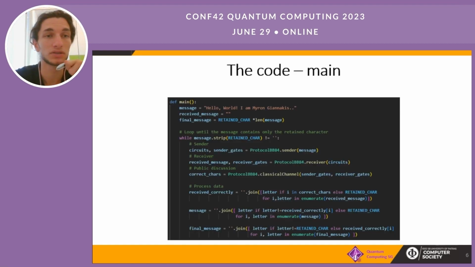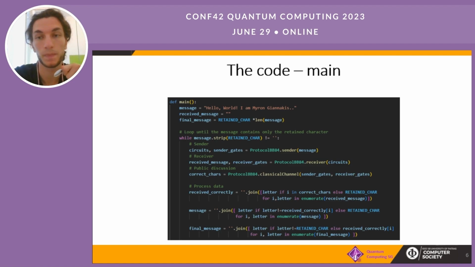Let's get into the details of the program's code, starting with the main function. Here you can see the whole code of it, and the main part of the function is this while loop, which repeats the transmission until the whole message has been received correctly. Then the methods of the protocol BB84 class get called, each one provided with the information that it should have access to, and only this information.